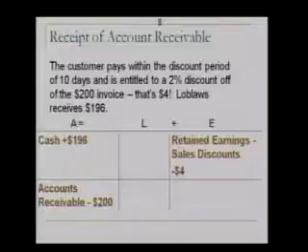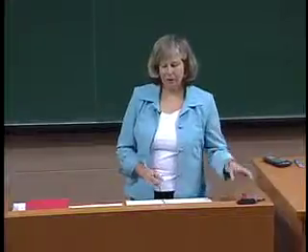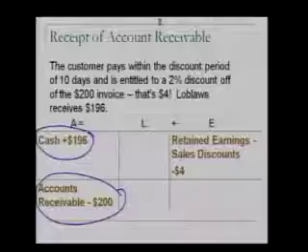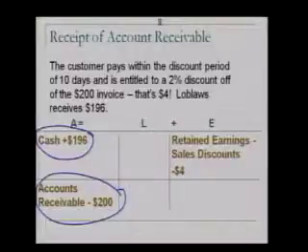So it's easy to identify the change here in cash. They said you've received $196, so that's going up. This is to settle an account that your customer has of $200. So your accounts receivable is going down $200. That's fairly straightforward. What's not so straightforward is that sales discount. Okay, so sales discounts, remember that is used to calculate your net sales.